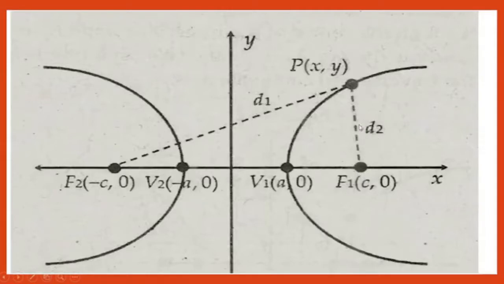And if we're going to get the difference of these two distances, it is always equal to a constant value. Okay? So, ibig sabihin, d1 minus d sub 2 is equals to 2a. Yung constant value natin is the 2a.